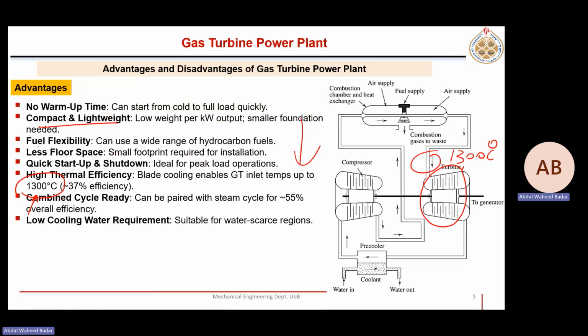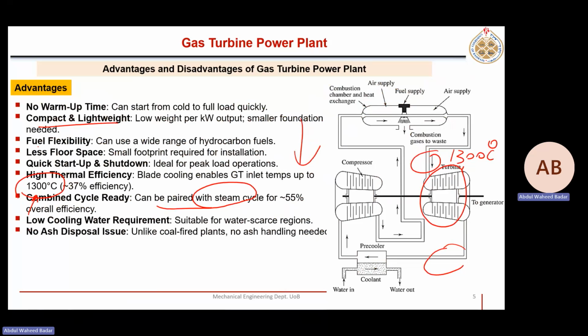They can be paired with a steam cycle because at the exhaust, the temperature is much higher, which can be used to produce steam. Here, as much cooling water is not required as in the steam power plant, because in the steam power plant, we have a complete condenser and cooling tower procedure, but here there is no such thing.